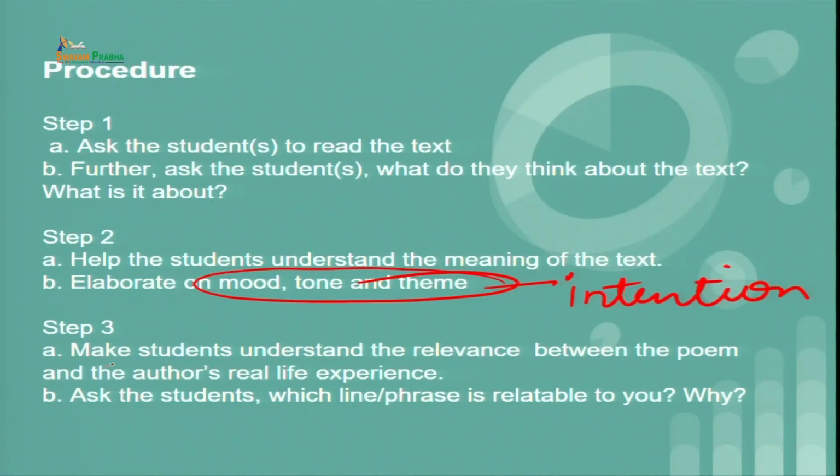And when we say that a person is trying to understand the intentions, we mainly talk about the social, political, economic scenarios at that time, and the influence of those factors on the author's writing. So at step 3, we will help students to understand the relevance between the poem and the author's real life experience.